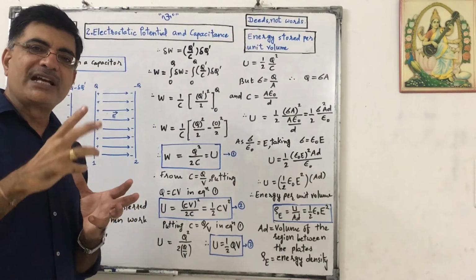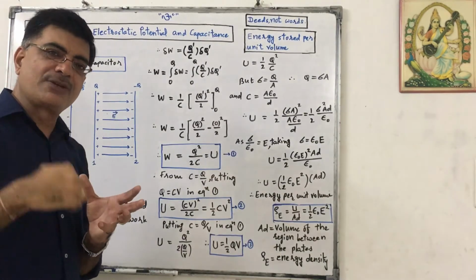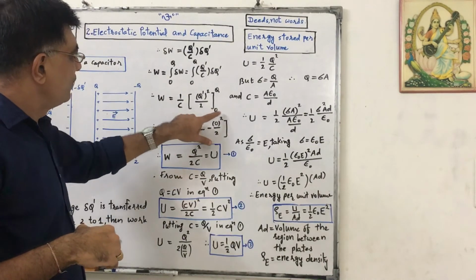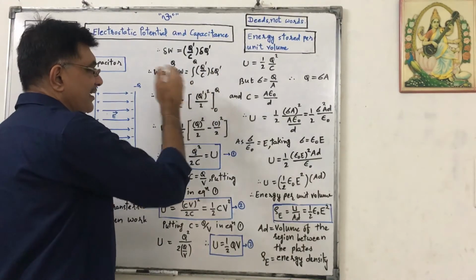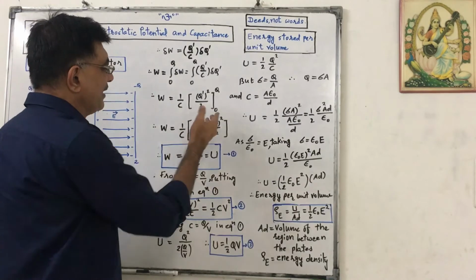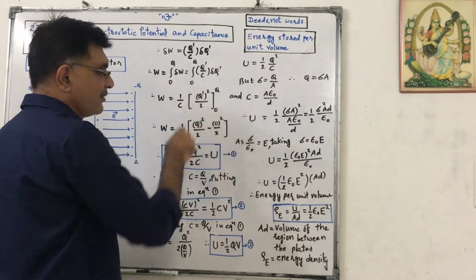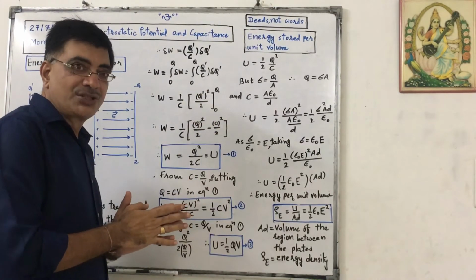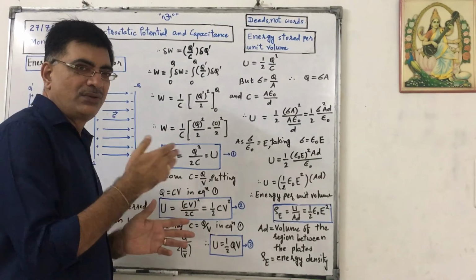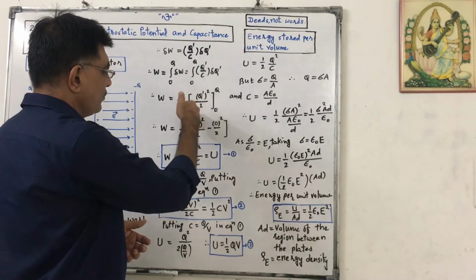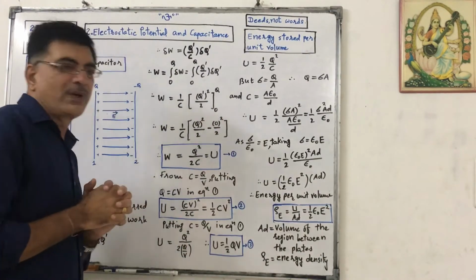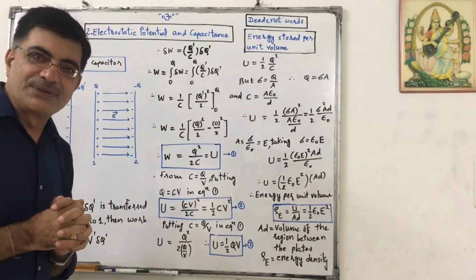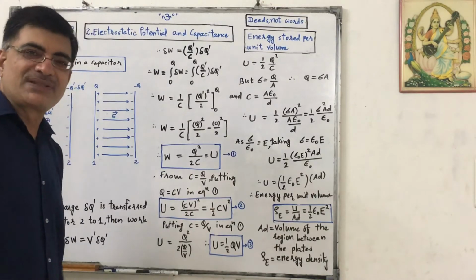So it will be Q dash square by 2, from 0 to Q. Now I have to replace Q dash by Q minus 0, because this is the final value, this is the initial value. So for change, we have to subtract. So Q square by 2 minus 0 square by 2. So the answer is Q square by 2C. That is capital E, the energy stored in the capacitor.